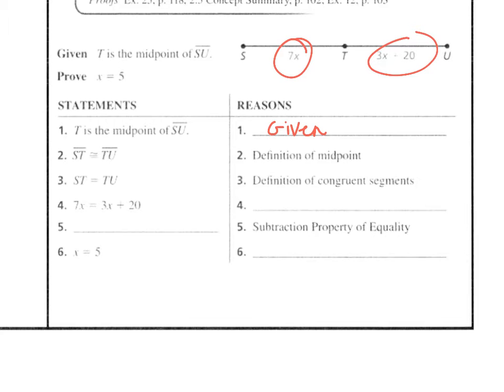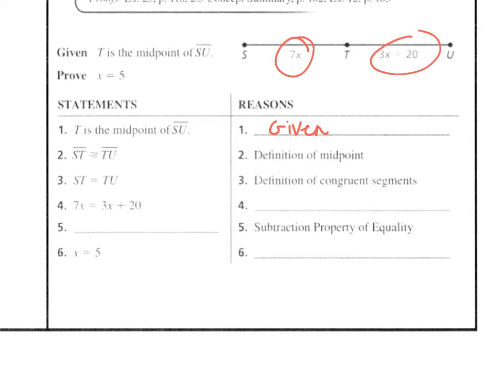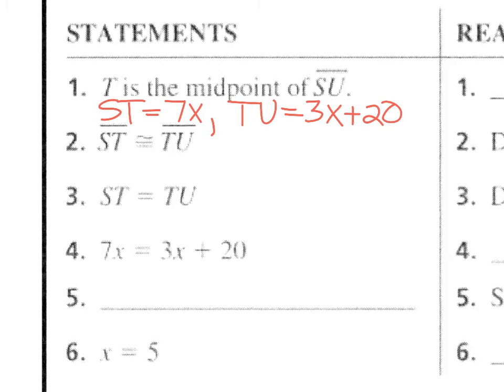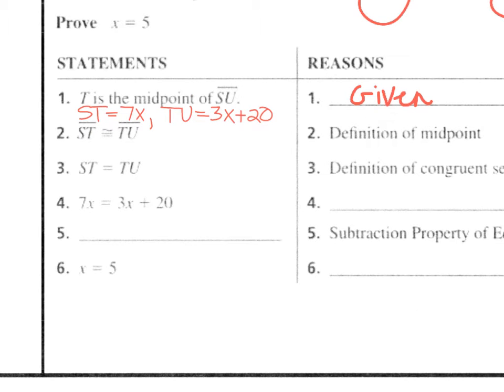So let's write them down. ST equals 7x. TU equals, is it 3x plus 20? Yeah. So stuff that's written in the picture is also given for you.